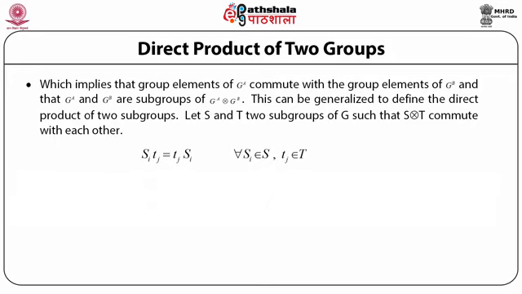Let S and T be two subgroups of G such that S and T commute with each other.